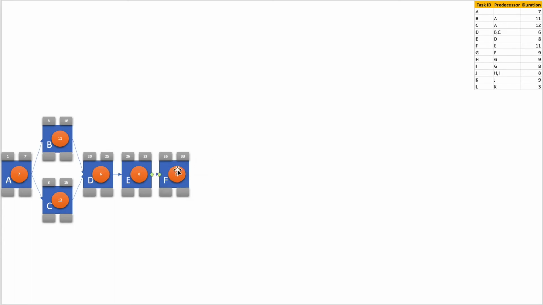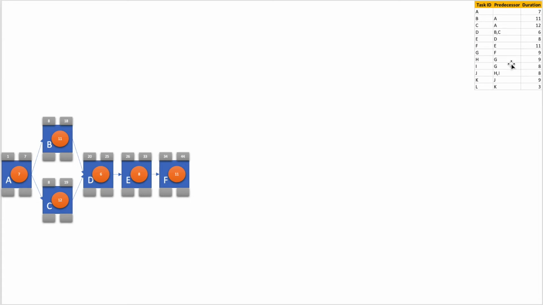Now activity F can start on the 34th day because activity E finishes on the 33rd day. So 34 plus 11 is 45, minus 1, 44. So activity F's early finish is 44th day.